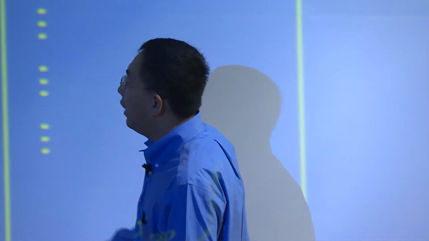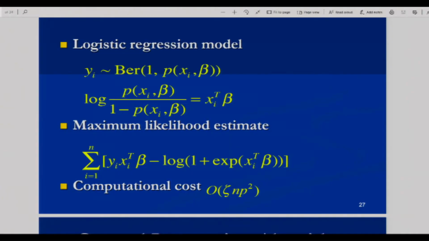But anyway, in this particular case, let's just focus on logistic regression, a very simple setting. In statistics we assume the class label, 0 or 1, follows a Bernoulli distribution with a certain probability, and the log odds of this sampling probability equals a linear combination of the X predictor matrix.